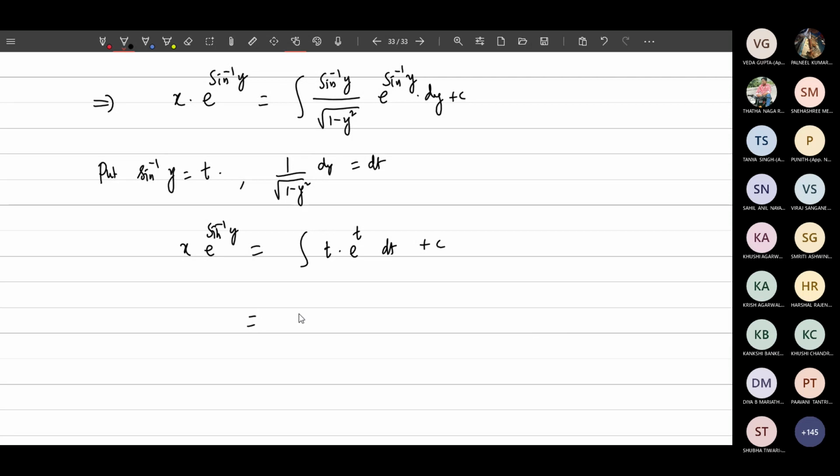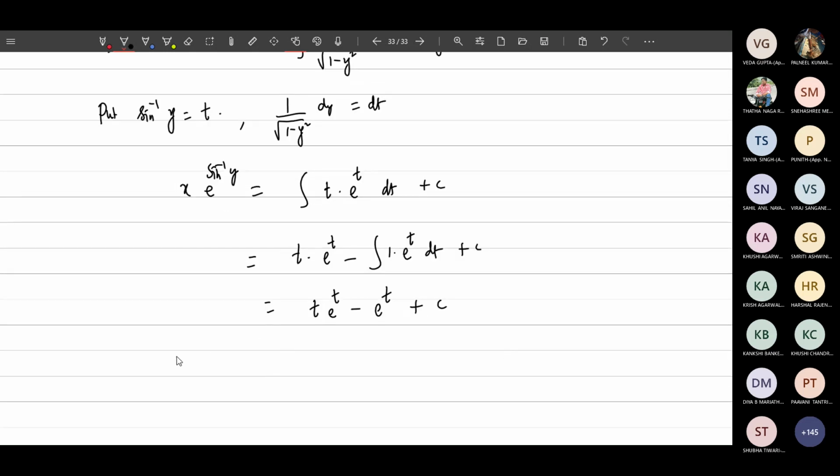So we will use integration by parts here. T into the integral of the second function, minus the integral of the derivative of the first function into e to the power of t dt, plus c. This is t e power t minus e power t plus c.